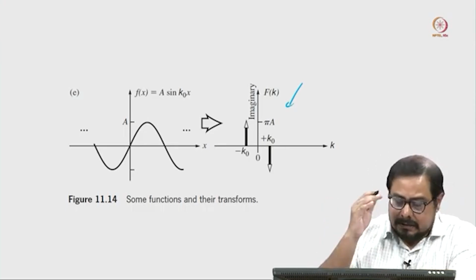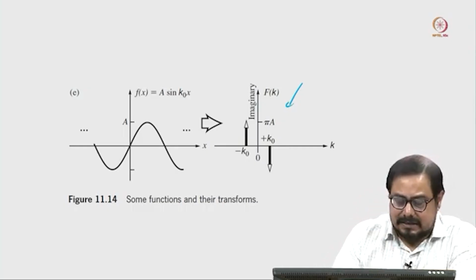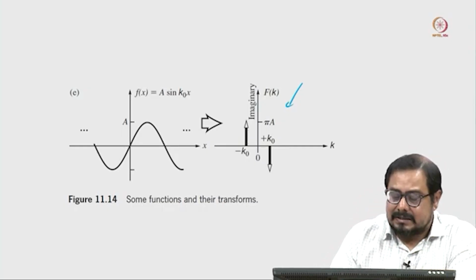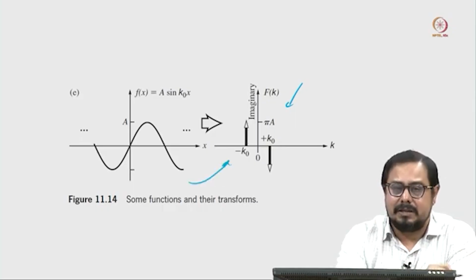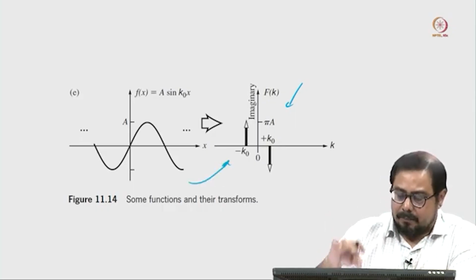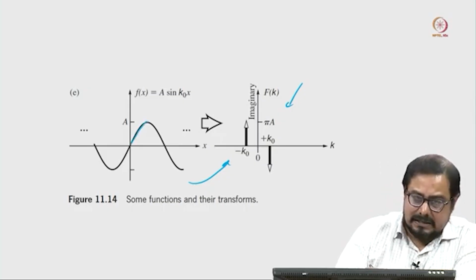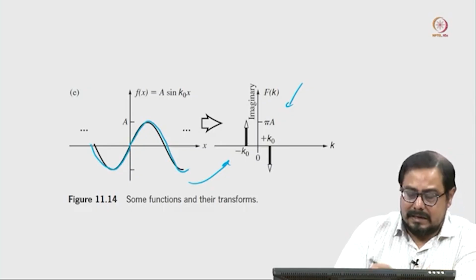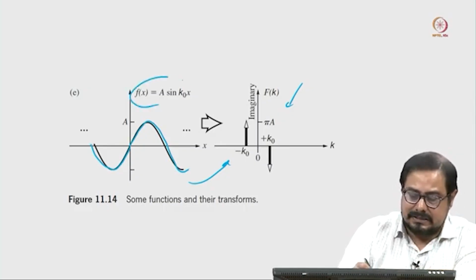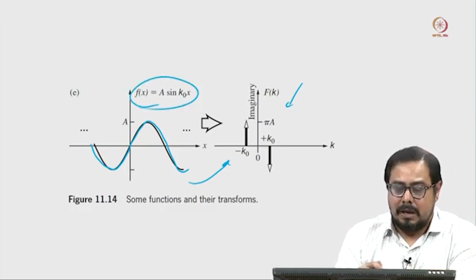If we take the same sine function, we are transforming this and plotting it as an amplitude square. So, again there is another wave. If you look here, you have another wave, and this function is f of x equals a sine k0 x.